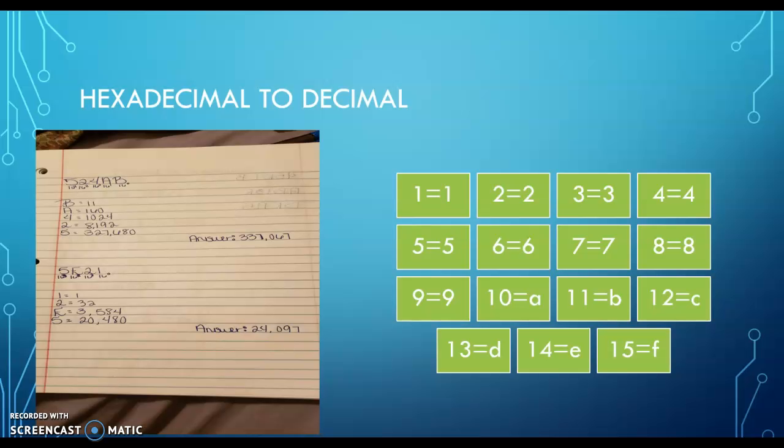The next set of 5 problems that I did were hexadecimal to decimal. The number line here on the right hand side shows you what each number equals, so therefore you can do your problems. For hexadecimal to decimal, I did 2 examples, by the way. I did 524AB.